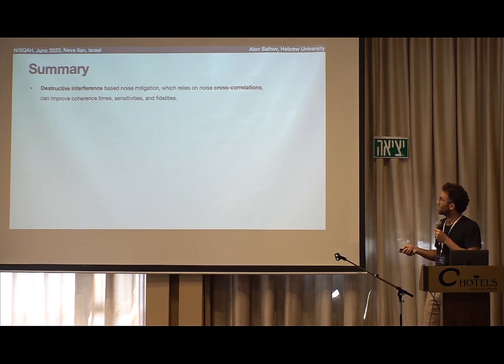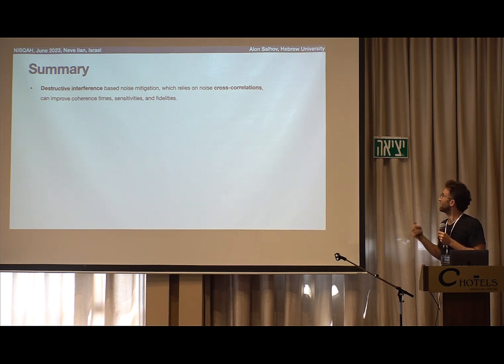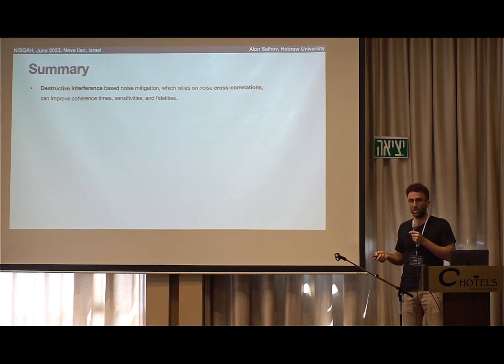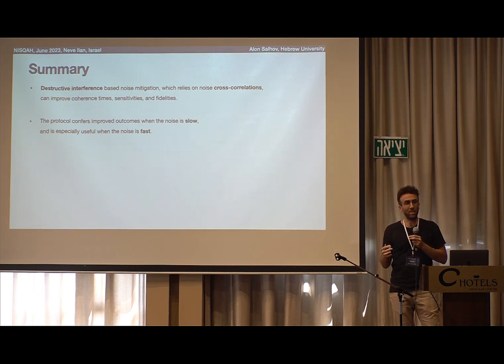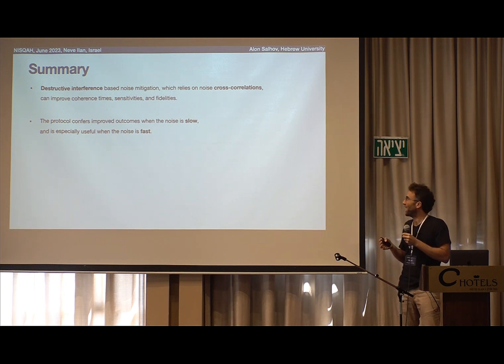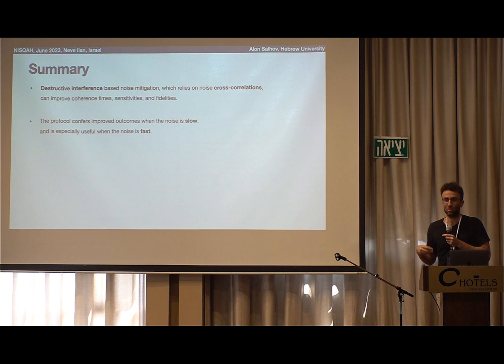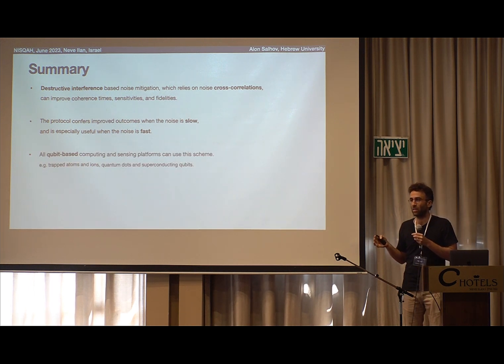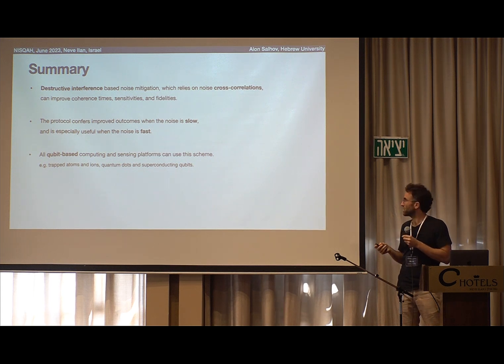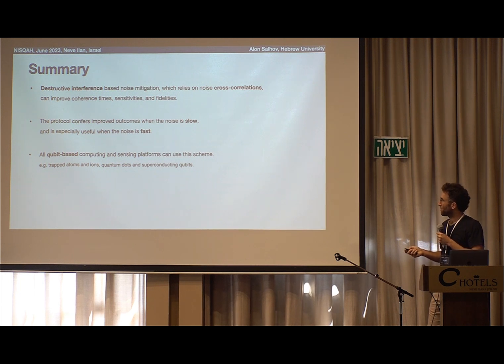So to summarize, destructive interference-based noise mitigation relies on cross-correlation and improves a bunch of different figures of merit. When it exists, it's always good to utilize it, and specifically for fast noise, it might be extra beneficial. It's fairly general, so we believe that all qubit-based platforms can use it, and superconducting qubits are quite popular, so hopefully in that as well.